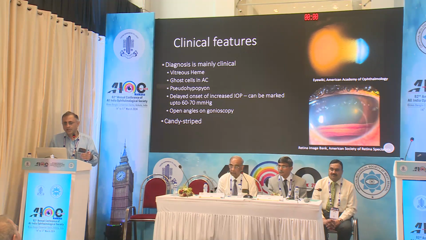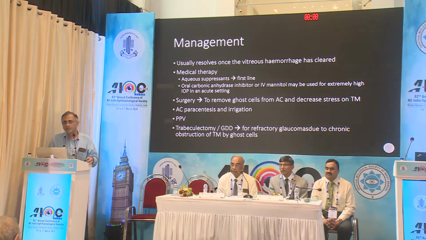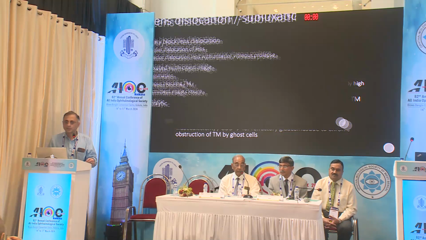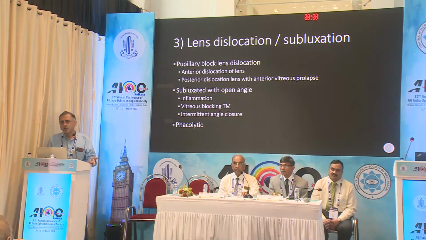If you have a rebleed, you can get a candy stripe appearance, and the management of this is to clear the vitreous hemorrhage. That is the definitive treatment. Medical therapy has less role, but you may need to give oral carbonic anhydrase inhibitors. But if the pressures don't come under control, one would need to do a trabeculectomy or a tube glaucoma drainage device.